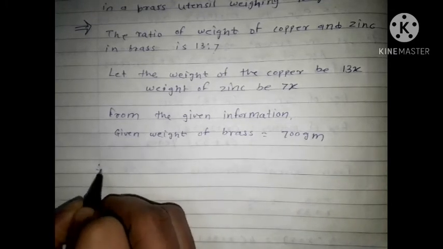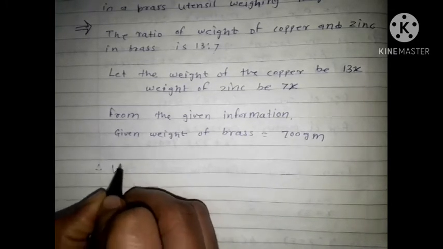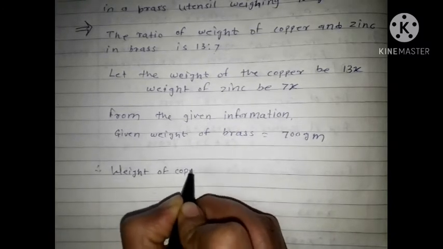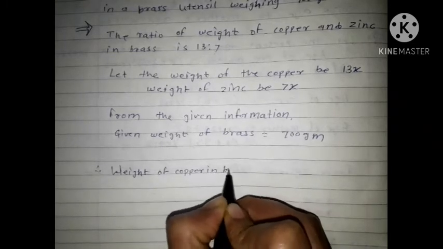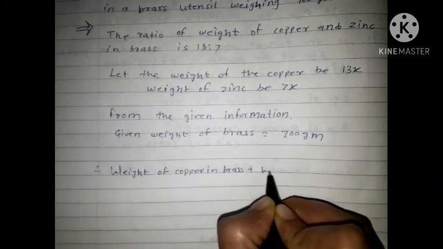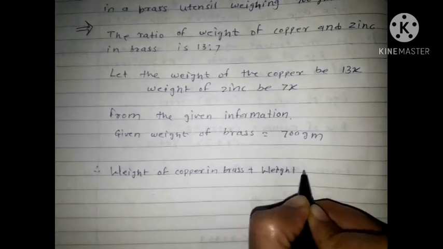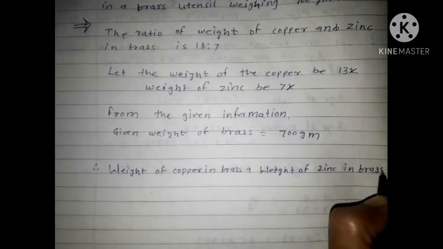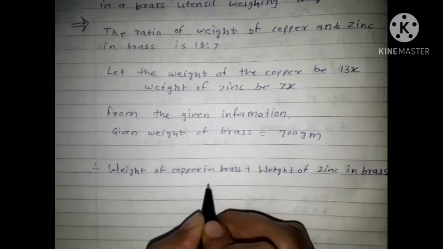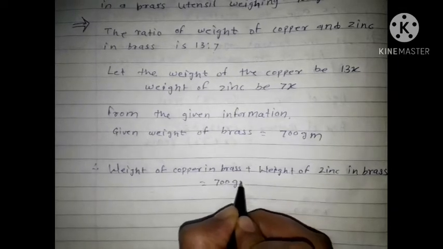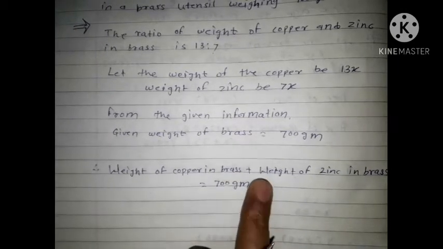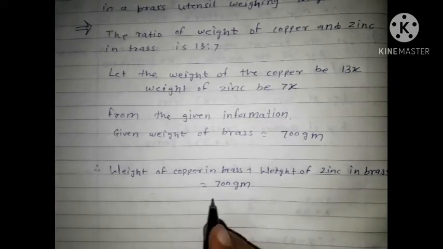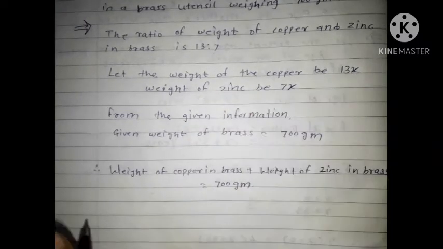Therefore the weight of copper in brass plus the weight of zinc in brass, the total will be 700 gram. But we considered the weight of copper in brass to be 13x.